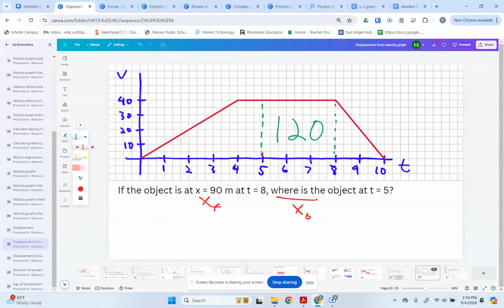Negative 30 is the correct answer. Because that's the only way: you have to start at negative 30, travel 120 to end at 90. Right? So do you kind of see, you don't want to memorize the steps. There's a logic behind everything you're doing. You're kind of putting together information, all right?